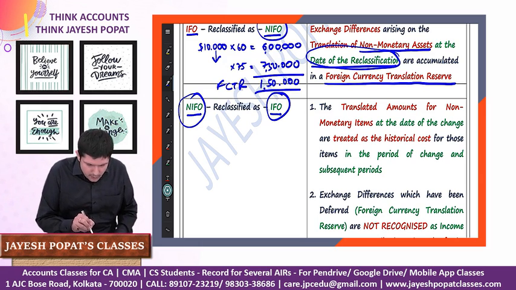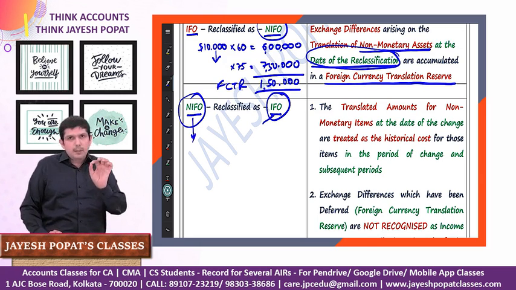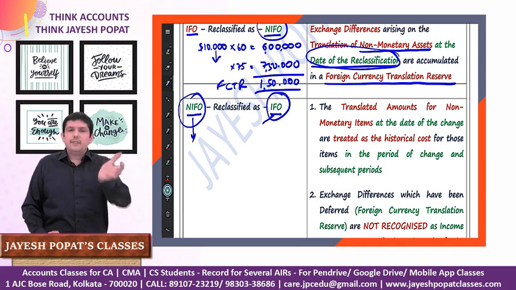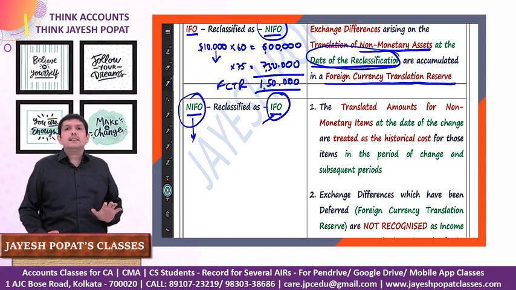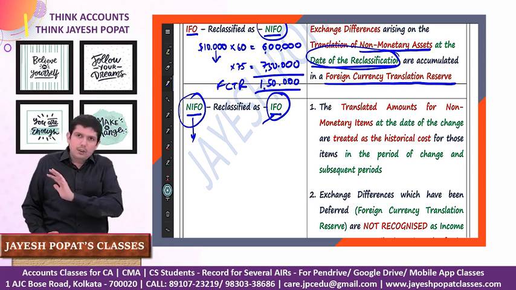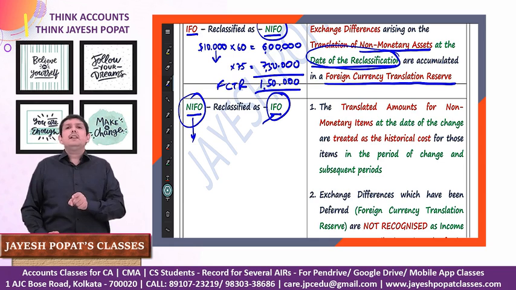In case of non-integral there will be a balance in foreign currency translation reserve, whereas in case of integral all the differences go to PL, so there is no foreign currency translation reserve. But the foreign currency translation reserve will not be taken to the PL. Even if you have reclassified non-integral into integral, it will remain in your balance sheet.